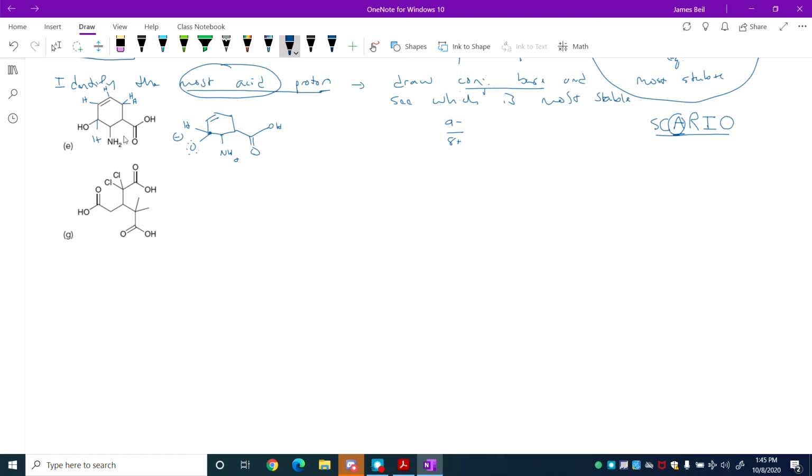So what about picking a proton off of this nitrogen? Well, that would give you this structure here. If I pick a proton off of that nitrogen, it already had one lone pair, now it'll have two, and it'll make a negative there. How's that compared to this structure? Well, a negative on a nitrogen is not as good as a negative on an oxygen for a couple reasons.